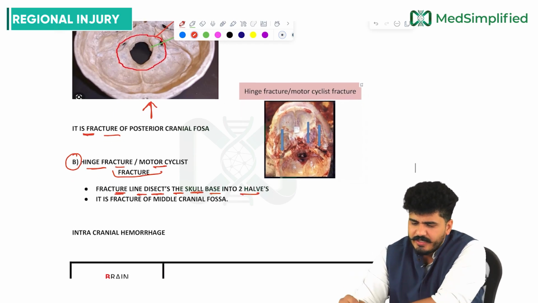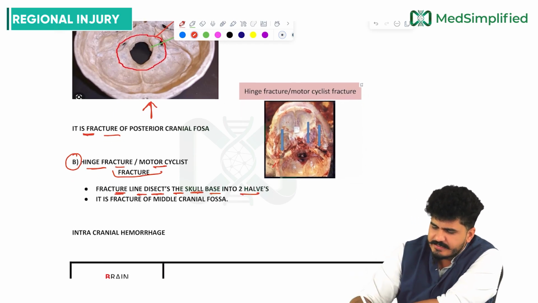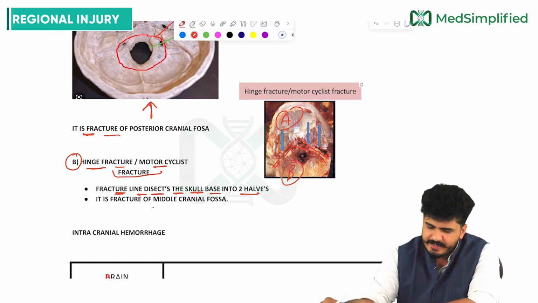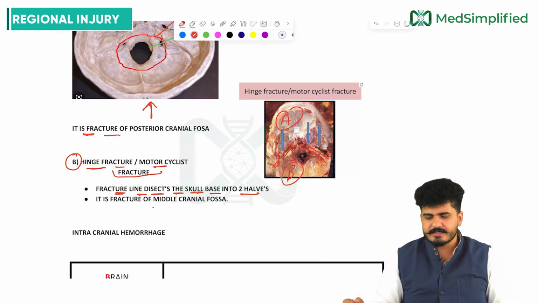If I show you here, the fracture line is running from the sella turcica and dividing the skull into two parts, this is A part, this is B part. The fracture line is dissecting the skull base into two halves.